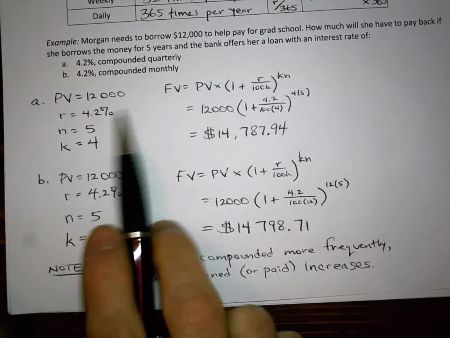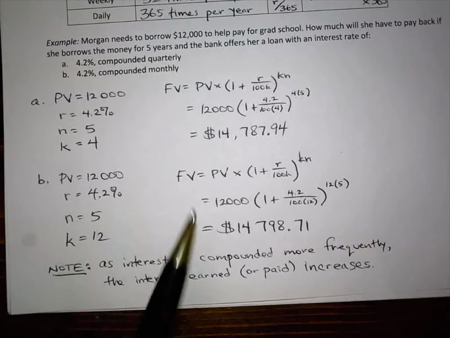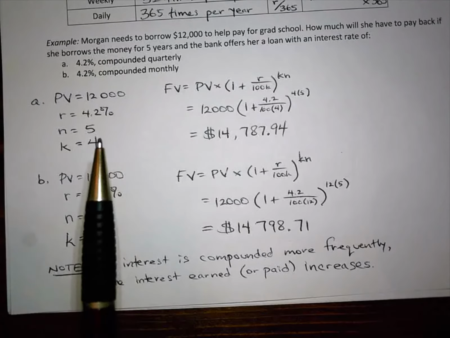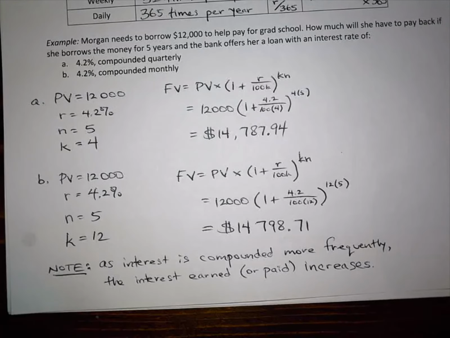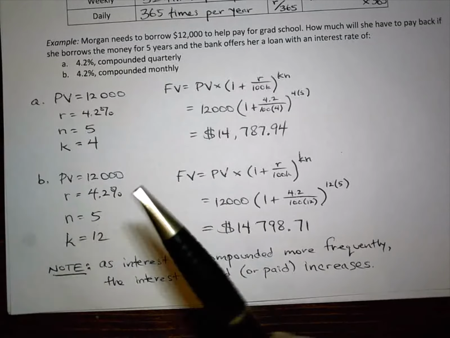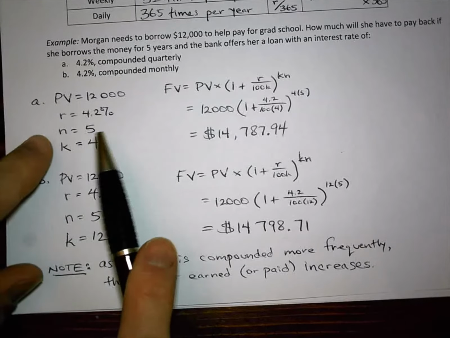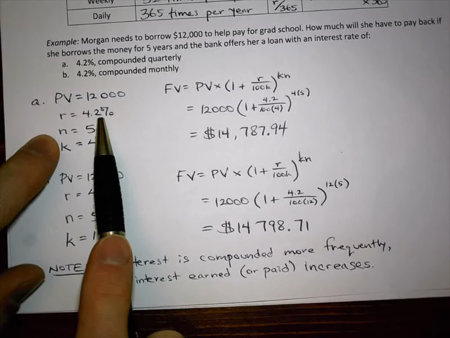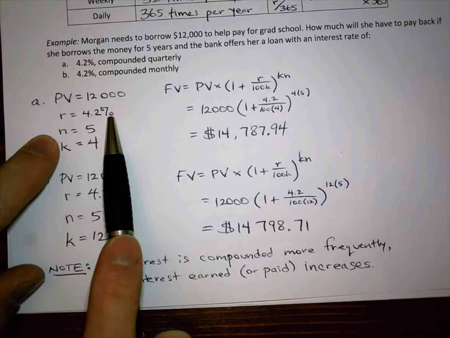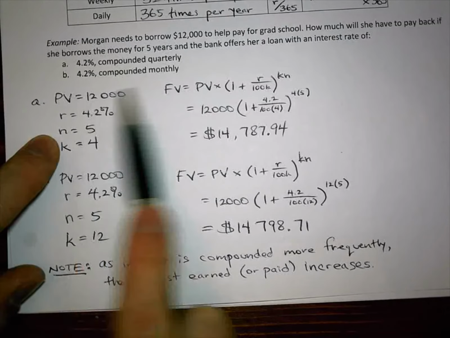4.2% changes a little bit. It's not a huge change, but it does change depending on if it's every year, or every half a year, or every month. This is because technically there's interest on interest being paid. You're getting some interest put in your account every quarter, and then you're earning interest next quarter on it.